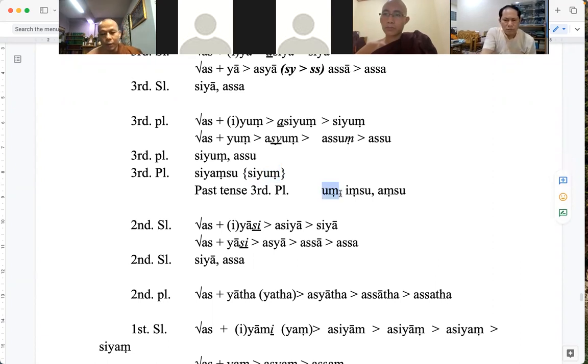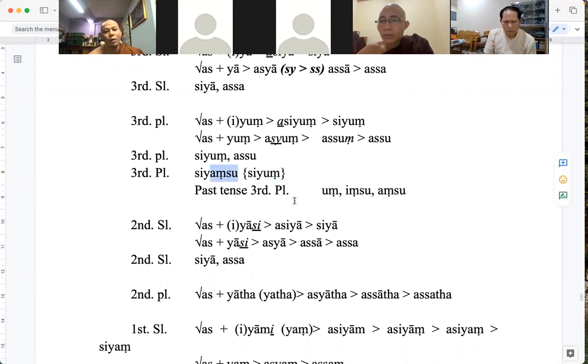Grammar traditionally says that the O is replaced by the ainsu and replaced by the amsu. So at the moment, in the CEO form of the optative verb also, if we see the O, very similar, right? This om is replaced by the amsu. That is why we have the yamsu.